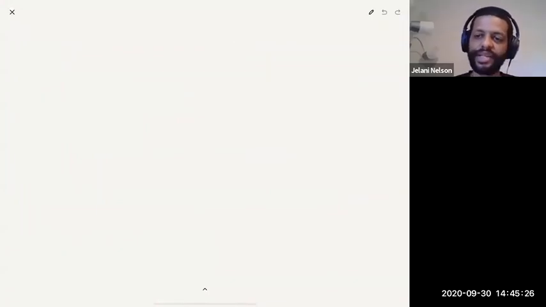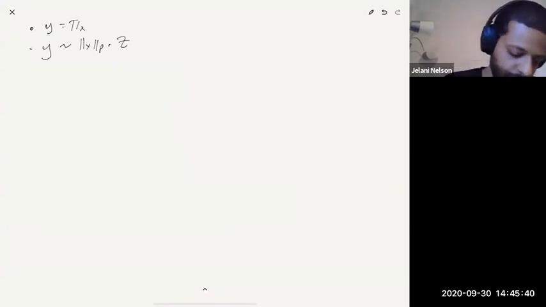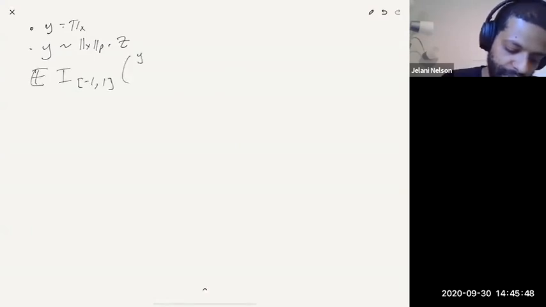So that's his algorithm, and now let's analyze it. You're maintaining y, which is pi times x. Notice that y is distributed like the LP norm of x times a p-stable random variable. So what we're saying is, if you look at the expectation of the indicator function of -1, 1 applied to y_r divided by the LP norm of x, this is a half.